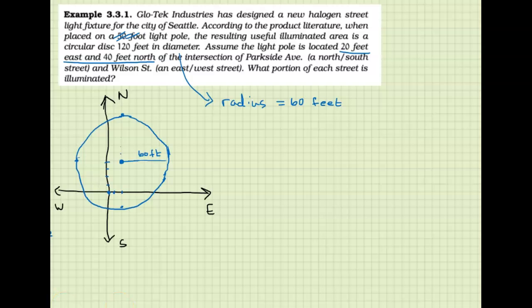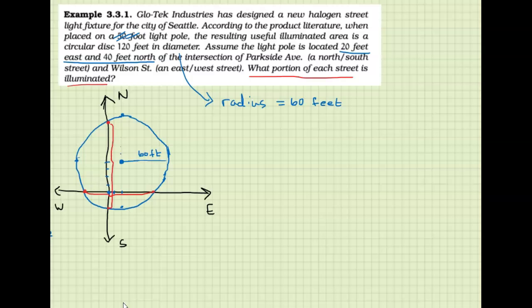Alright, so what is the problem asking us to do? What portion of each street is illuminated? It's basically saying, what is the range of values on the x-axis, and what is the range of values on the y-axis?